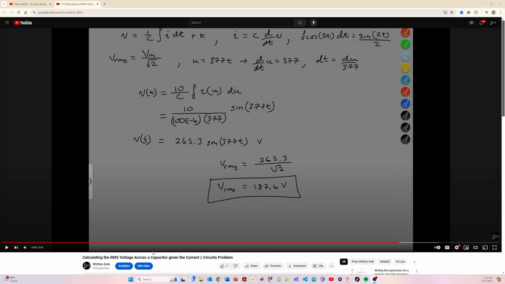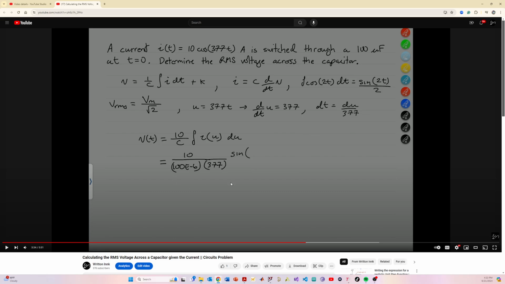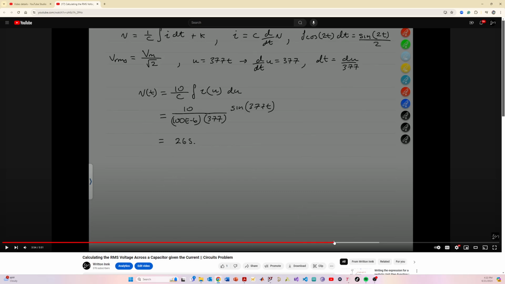So first of all, our current was given in a cosine. Normally, when we're dealing with currents and voltages, we write them in sine. So we want to use the sine for the voltage. At this point, we did integrate the current to get the voltage, and here, as you can see, the voltage is in a sine function.